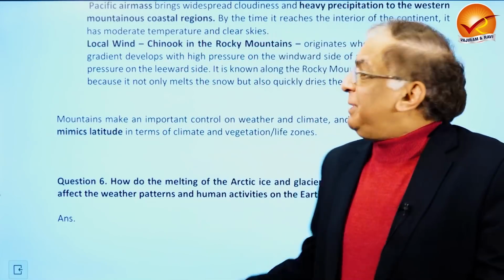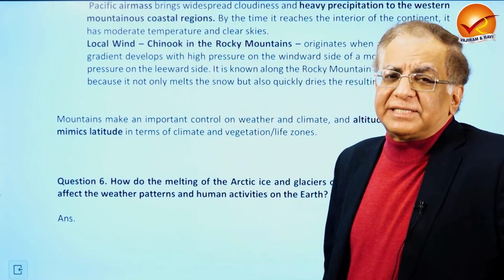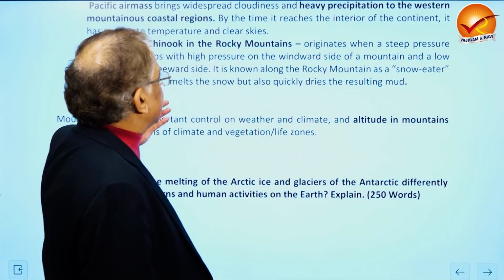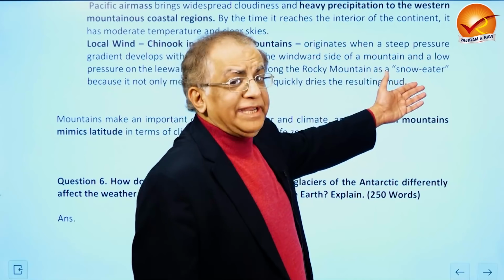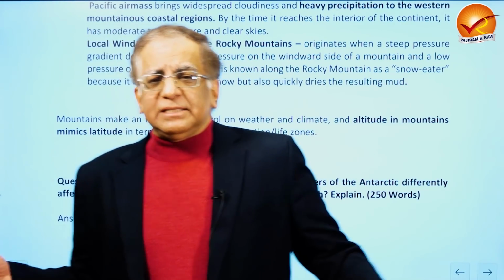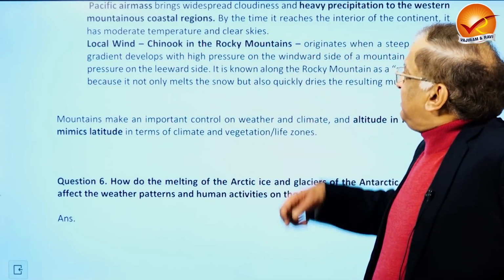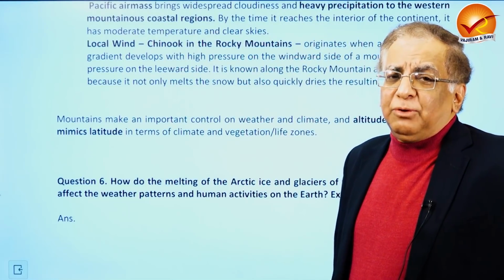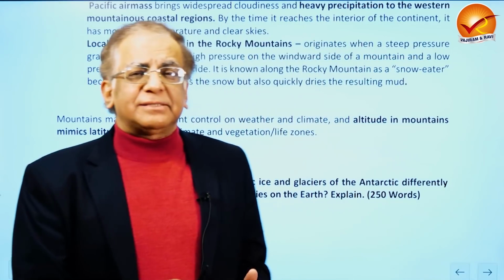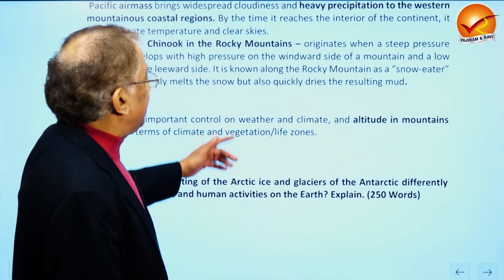And the example here is about the Chinook winds in the Rocky Mountains, which are referred to as a snow eater. So remember, these winds, like Chinook, which is one of the examples of the local winds, originate whenever there is a steep pressure difference between the windward and the leeward side of the mountain.